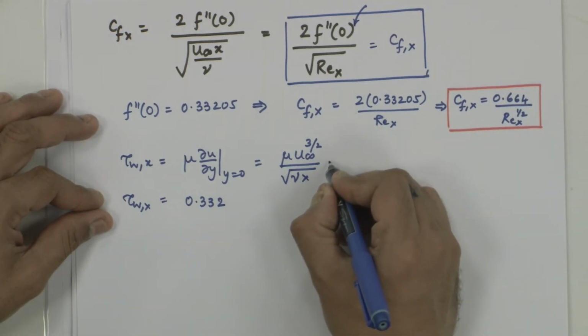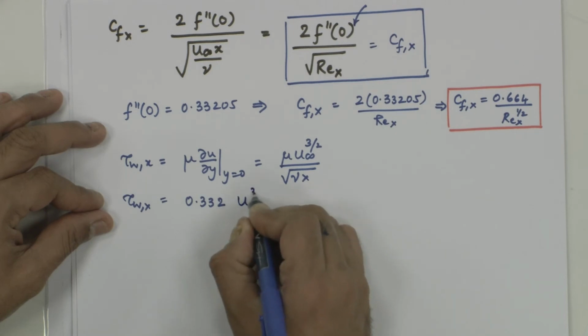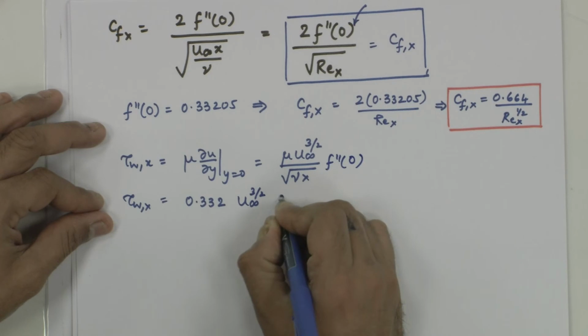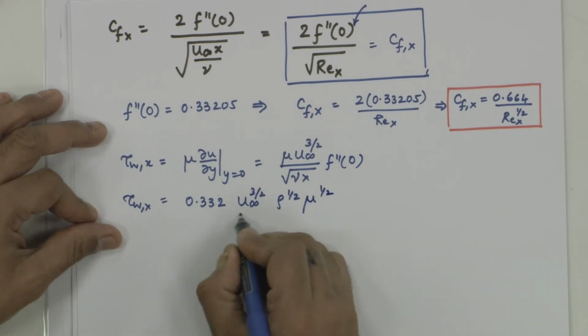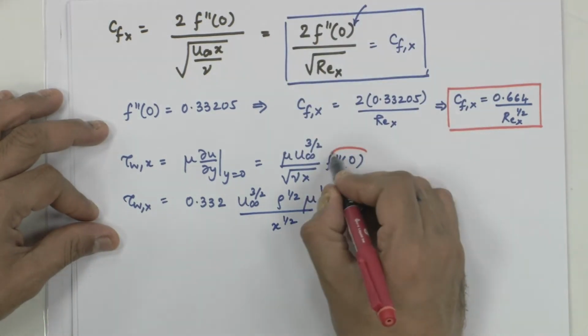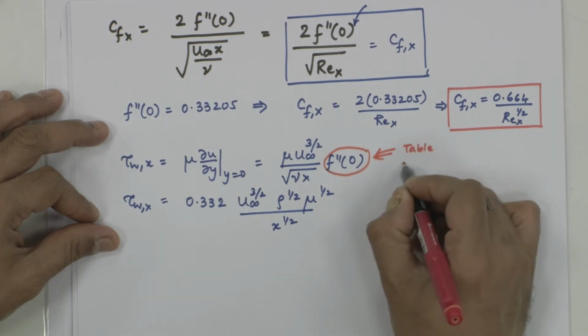So, this is going to be 0.332 u infinity raised to 3 by 2 rho to the power half mu to the power half divided by x to the power half. This is all manipulation. This 0.33205 was from the table which we had generated.